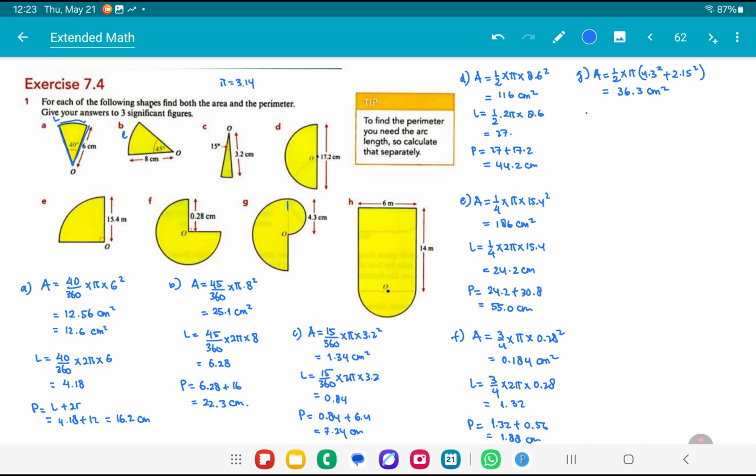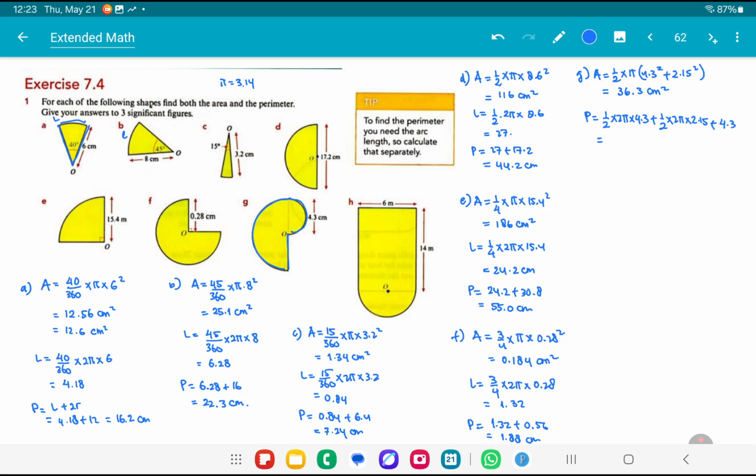For the perimeter, we got the first arc equal to half the circle of the bigger circle, half of 2 pi multiplied by 4.3, and then the arc of the smaller circle, half of 2 pi multiplied by 2.15, and then the radius of the bigger circle, 4.3.